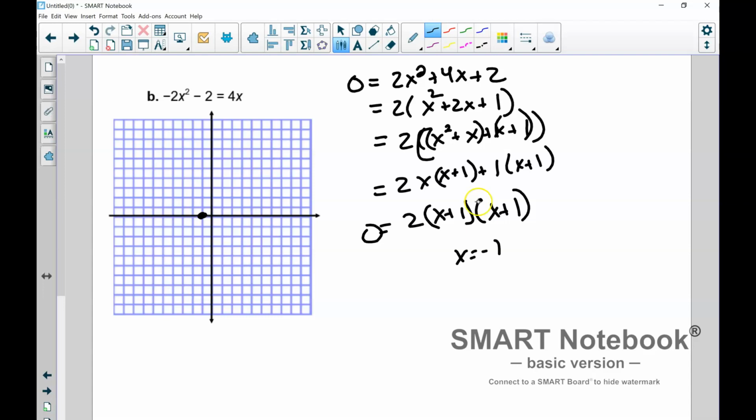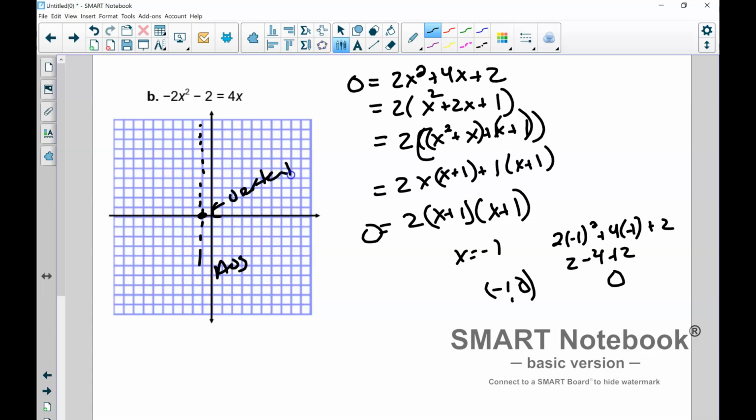And if you plug in -1 to this, you are going to get 0. So I know that this is also my vertex, which means this is also my axis of symmetry. That's the vertex, and it's also the only x-intercept.